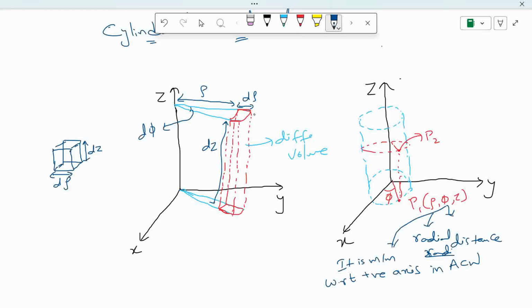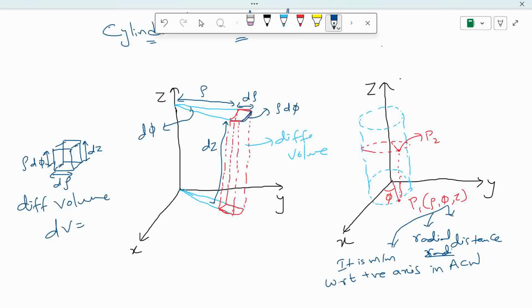Now the other width, that is this arc length, will be rho times d phi, because it is at a distance of rho from the z axis. So this length will be rho times d phi. Now the differential volume dV in this case will be basically the product of the three sides of the cuboid.